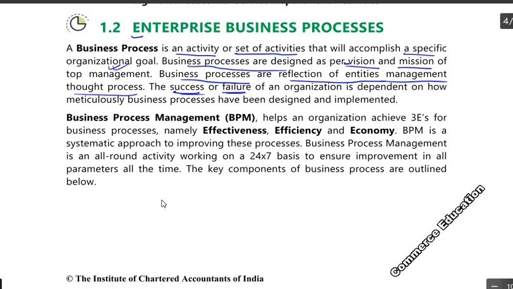Success or failure of an organization depends on how carefully processes have been designed and implemented. So, successful business process design may lead to success of the organization. So, business processes should be designed carefully.